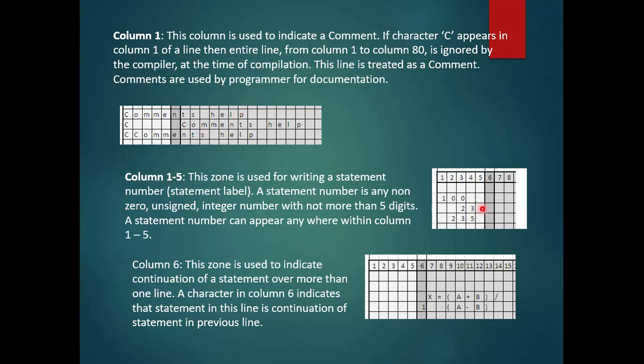Then there is column number 6. This is the zone which indicates that a continuation is to be carried out from one line to the next line. This is possible with the help of column number 6.